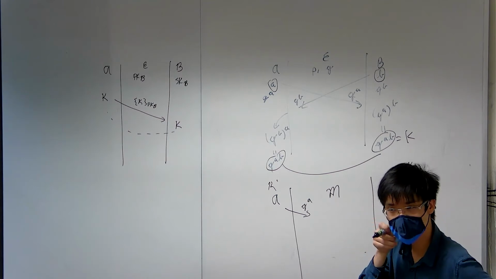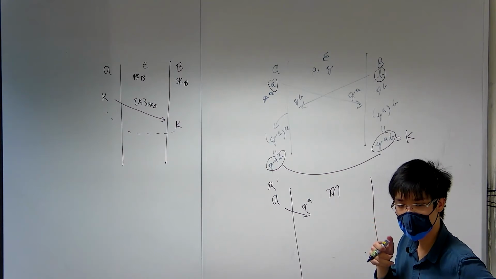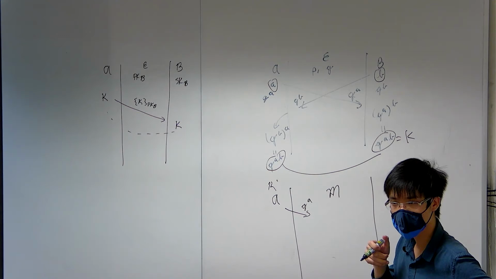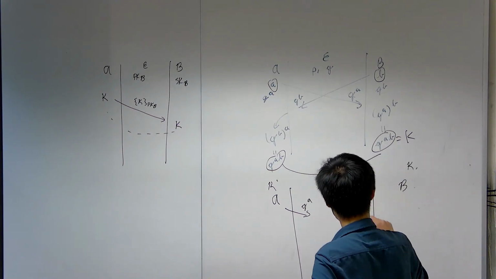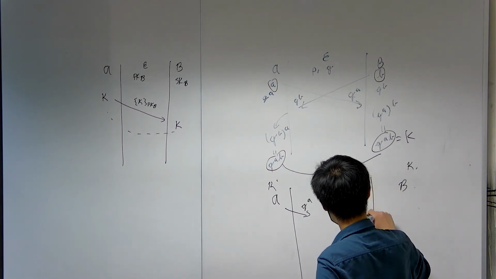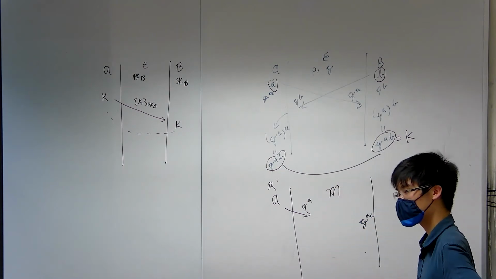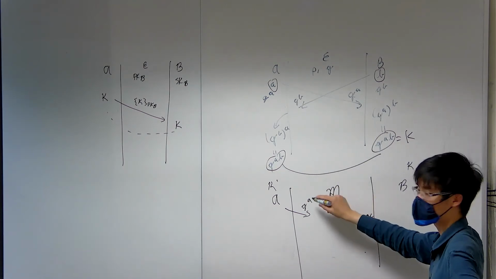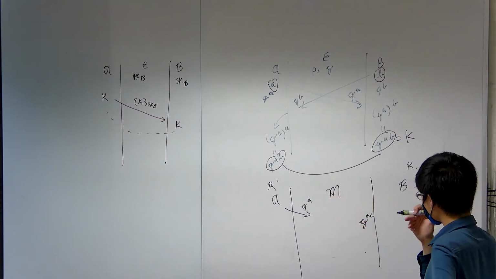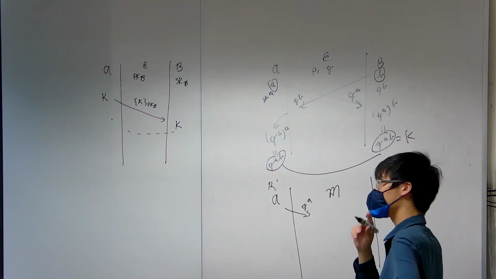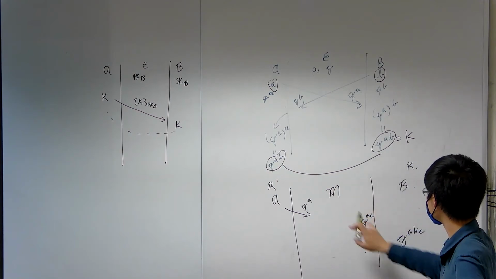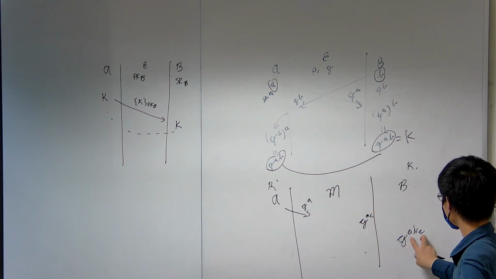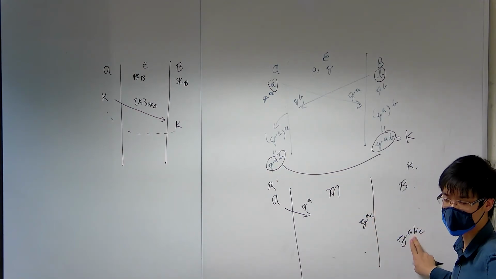So Bob receives G to the AC, with Mallory exponentiating it with her own value. That could work. Then you'd still end up with G to the ABC here, and Mallory still doesn't have A or B, so she still can't derive that.